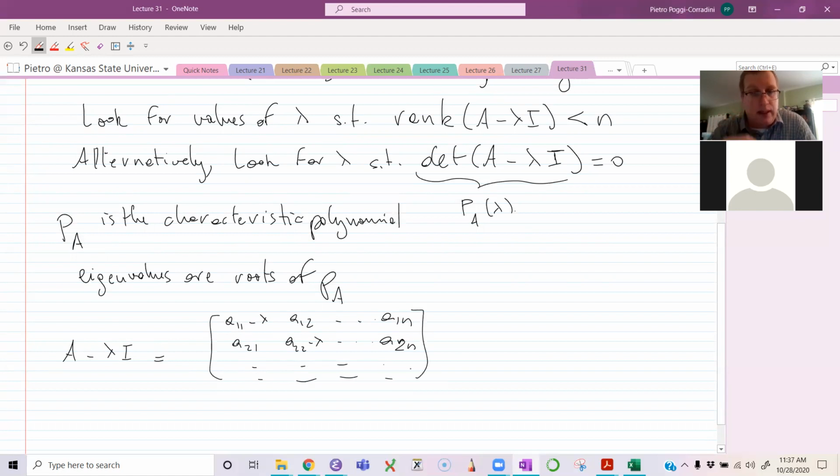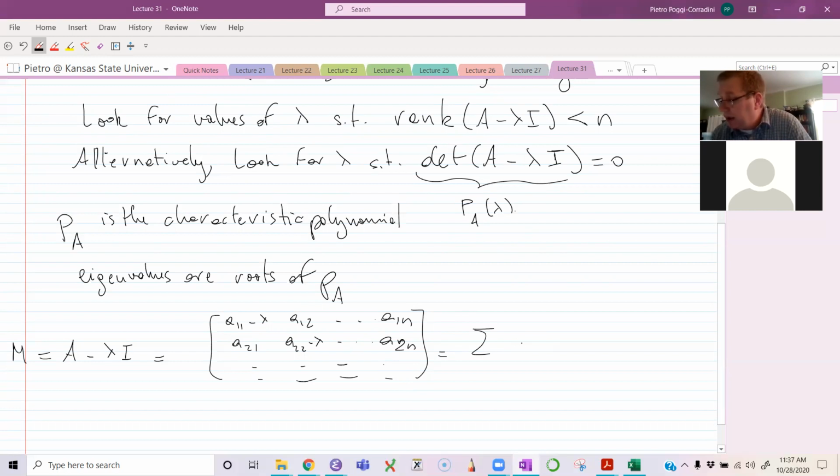And the determinant, there is a formula for the determinant. If we call this matrix M, the formula for the determinant is that for each column, you're going to pick a row.